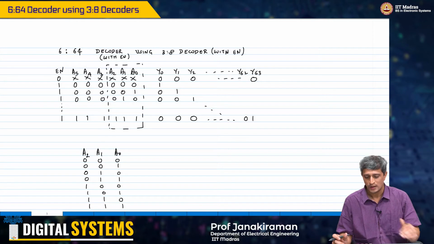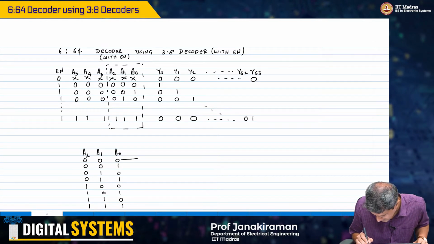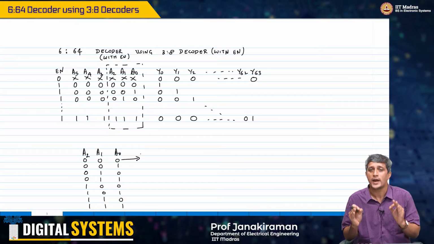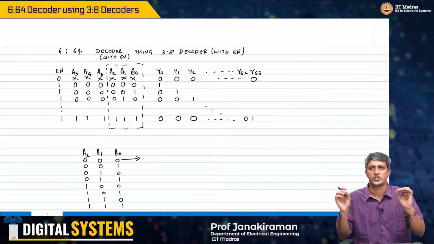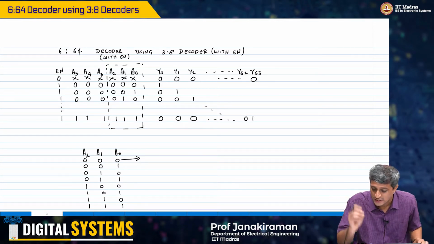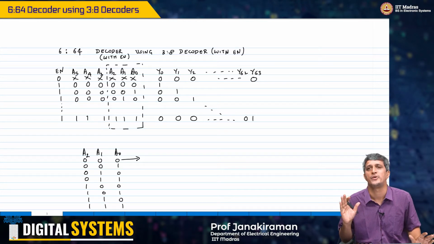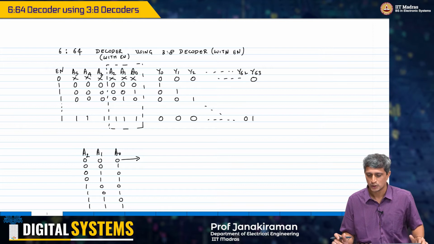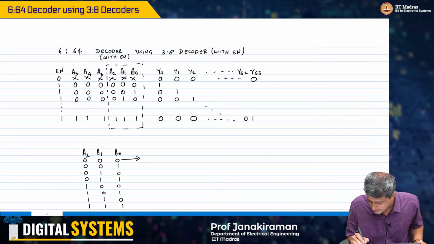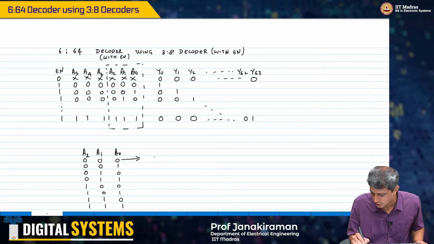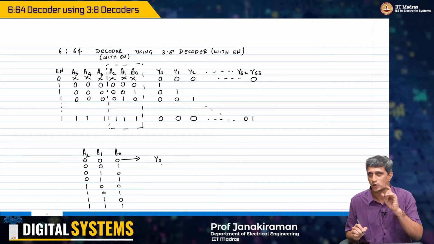So if you just focus on A2, A1, A0 being 0 0 0, what are the bits that can go high at the output for this combination? That's all I am asking. So clearly it is for all 8 combinations. First of all, Y0 can go high.